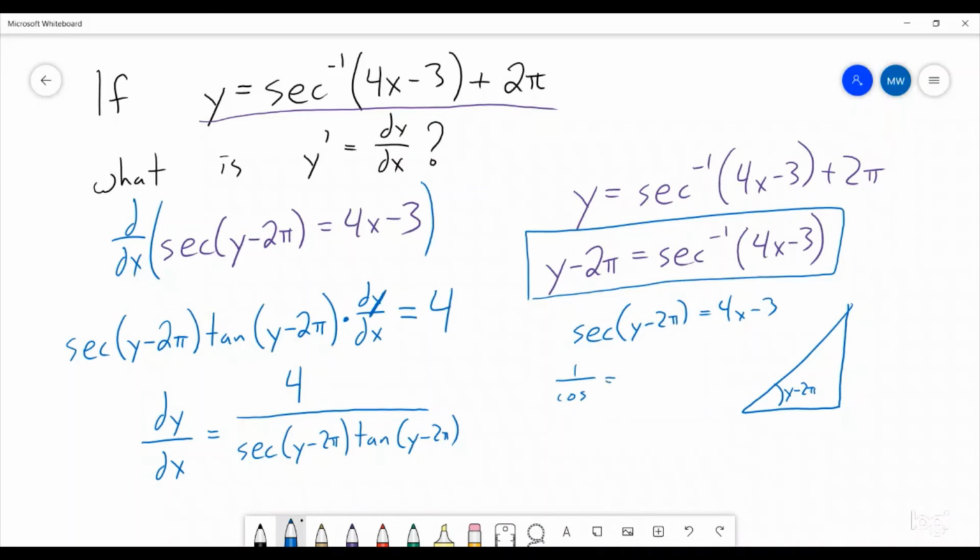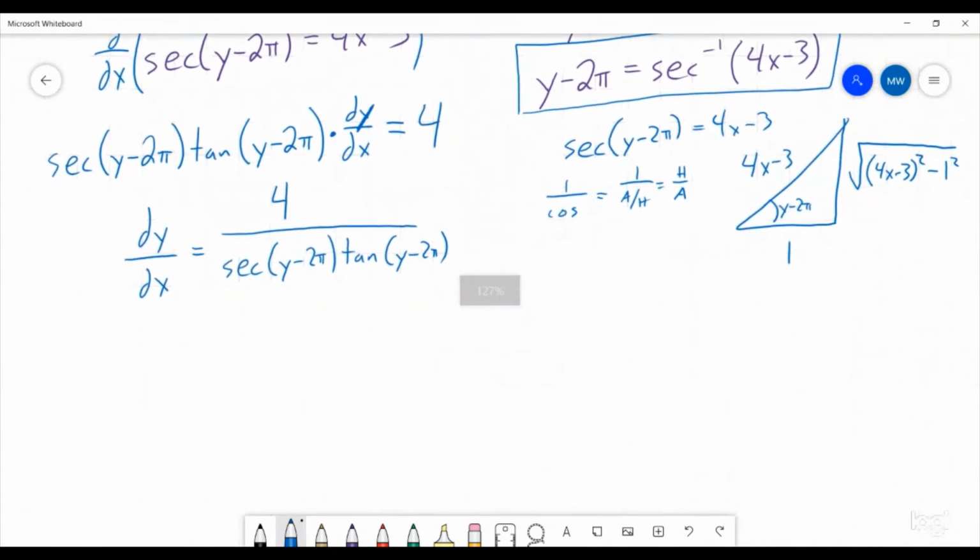Cosine was adjacent over hypotenuse, so that's 1 over adjacent over hypotenuse, so this is hypotenuse over adjacent. So that means this side is 4x minus 3 and adjacent is 1. So then this last side is going to be the square root of 4x minus 3 squared minus 1 squared. So we have all of that, and now we can figure out what's tangent of all of those things.